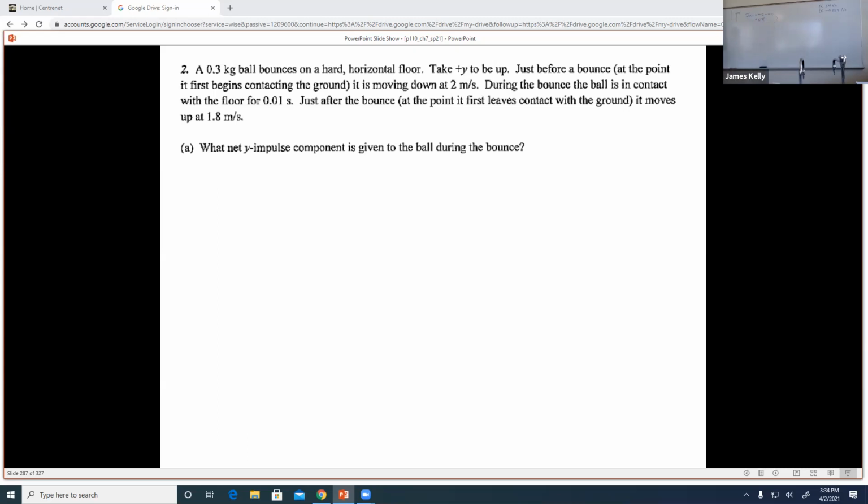V final, after the bounce, is going up, that's a positive Vy final, right? And because we're doing a y component here, we should have y components of the velocity up there. Vy final is positive. It's leaving at 1.8. Vy initial is negative. So we're going to have a minus a negative here.